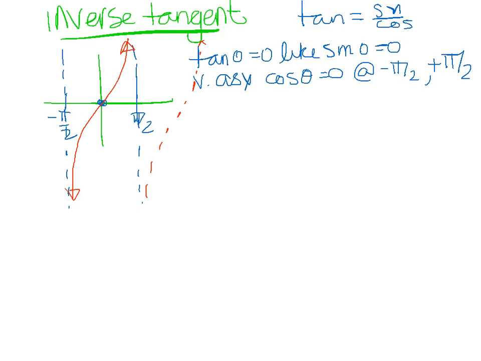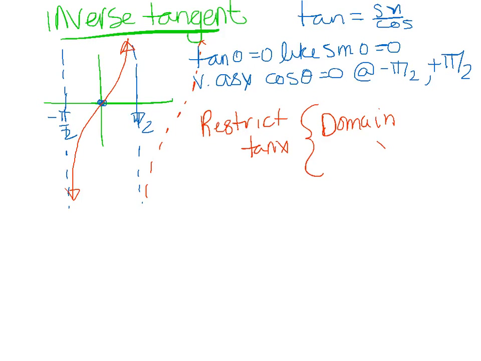Which would fail the horizontal line test. So let's go ahead and restrict the domain to what we've already just done. So we're going to restrict for tan x, the domain will be x has to lie between pi over 2 and negative pi over 2.